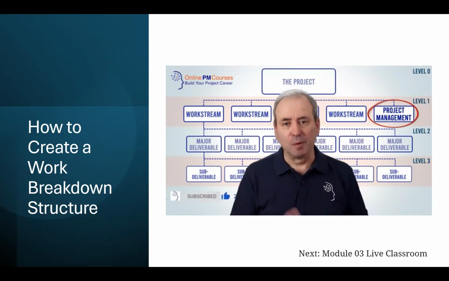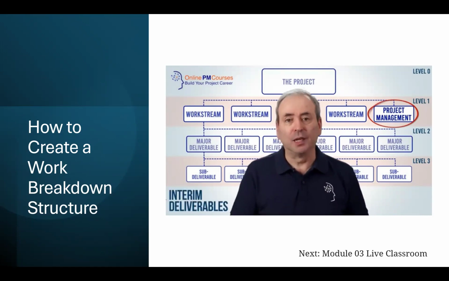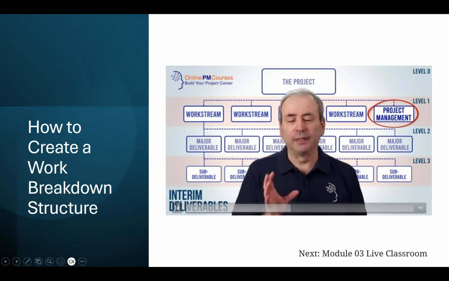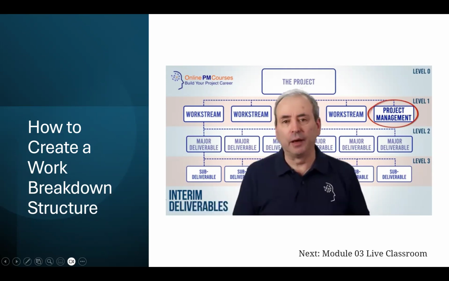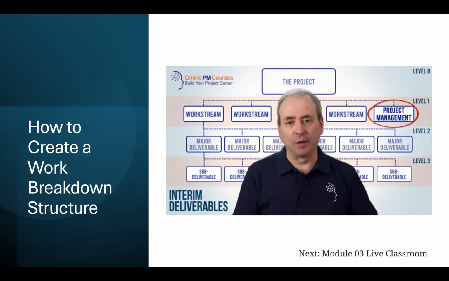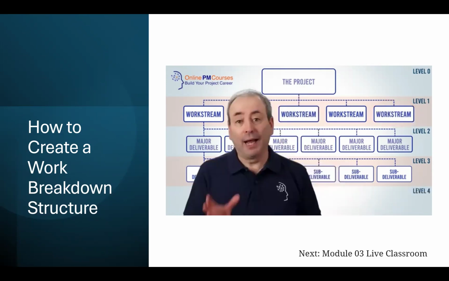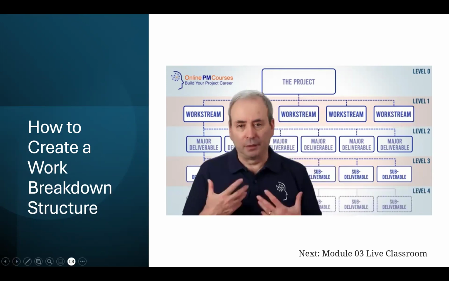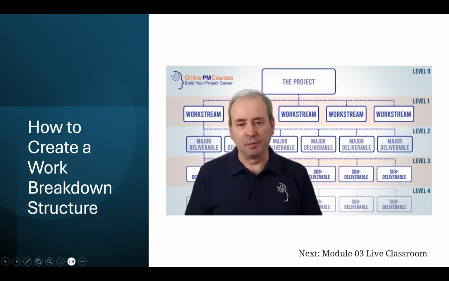Remember, everything in this workstream will, of course, be an interim deliverable by definition, because it's not something we want as an end product. It is something we need to create along the way. If you do create this project level workstream at the key line, typical names would be project management or project integration.